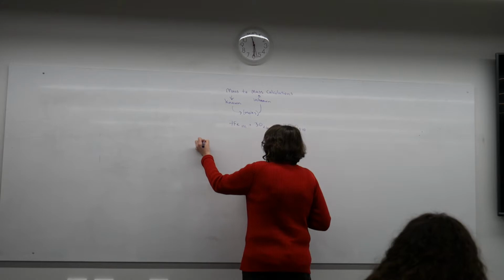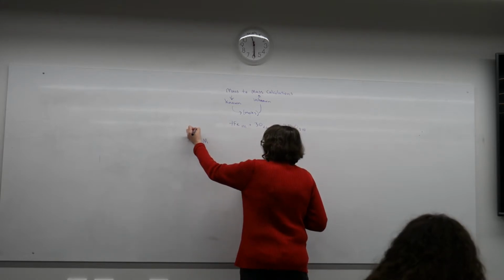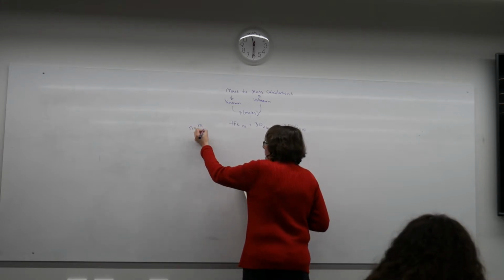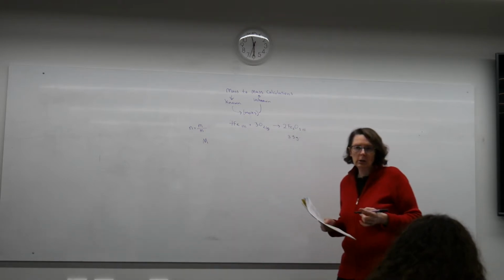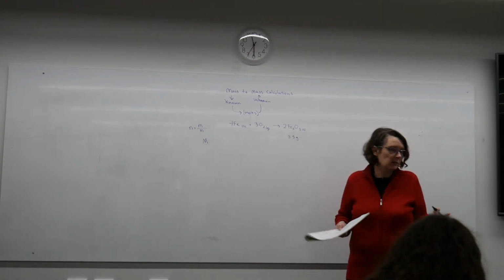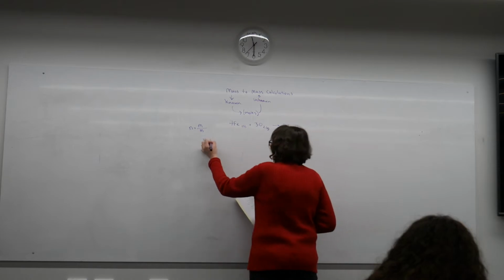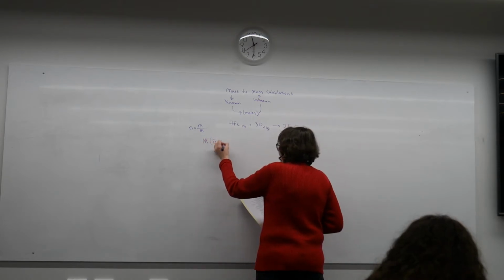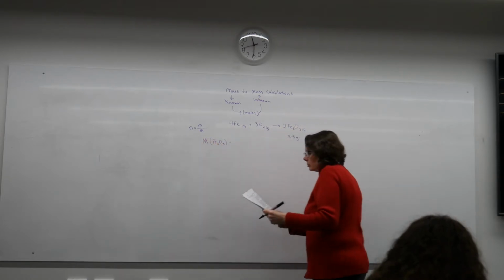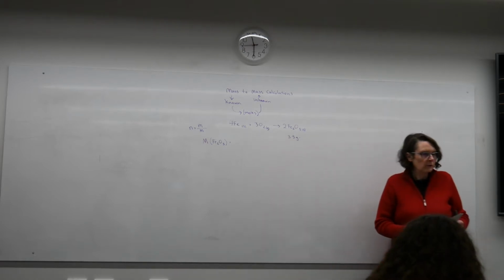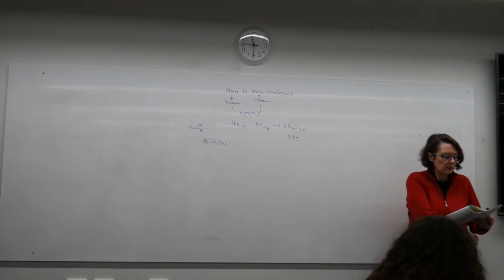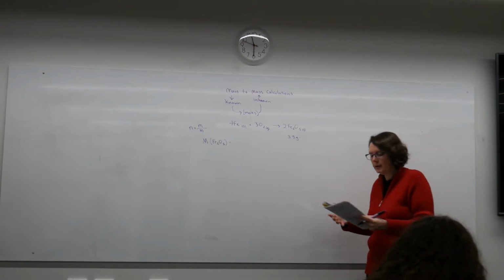And to find the number of moles, remember that moles is equal to the sample mass divided by the molar mass. So I'm going to need to calculate the molar mass of iron oxide. So off to my trusty periodic table to find out the relevant atomic masses of the elements in my compound.